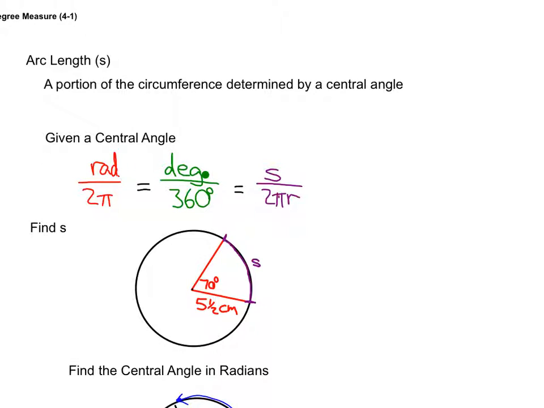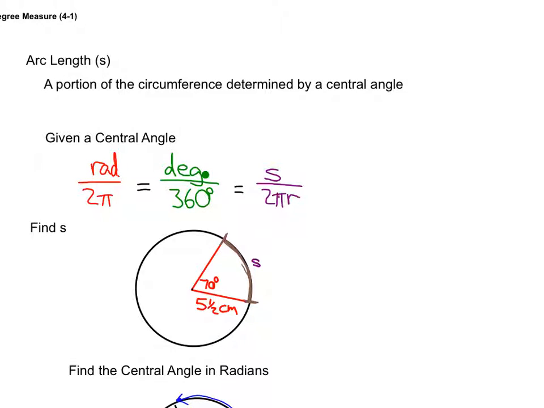Now let's make sure we all understand what we're talking about when we're talking about arc length. Arc length is not a distance in a straight line, it's a distance along the circle. Think of it as though you're running along this circle. If you were to start here and run along the outside of the circle, you're running on an arc. So s here would be the arc length.